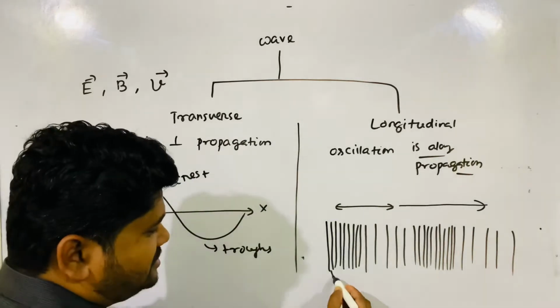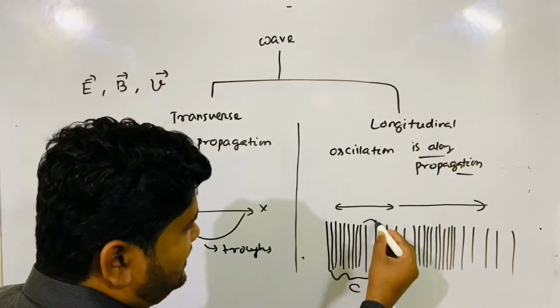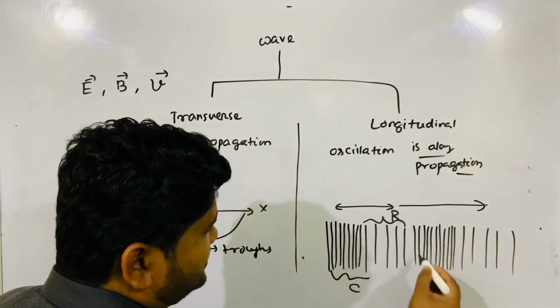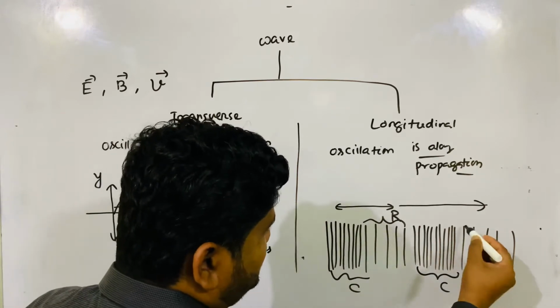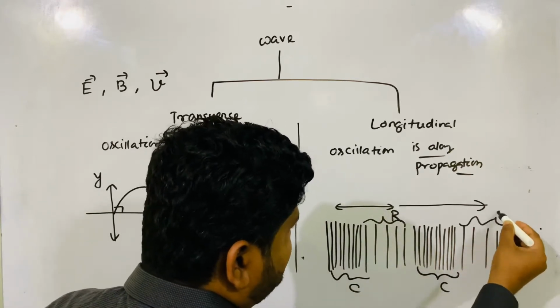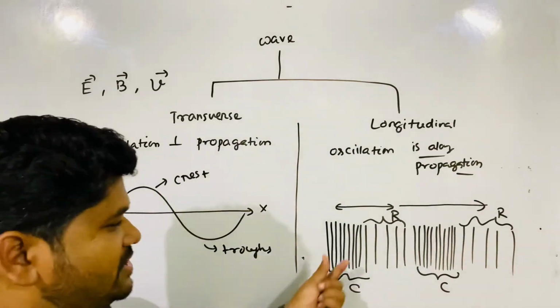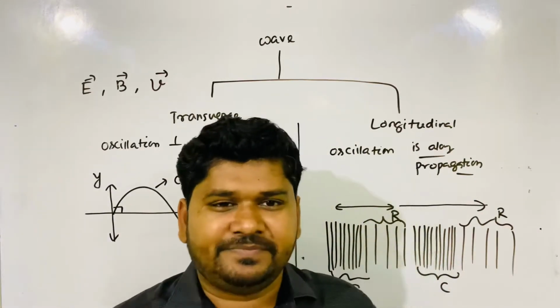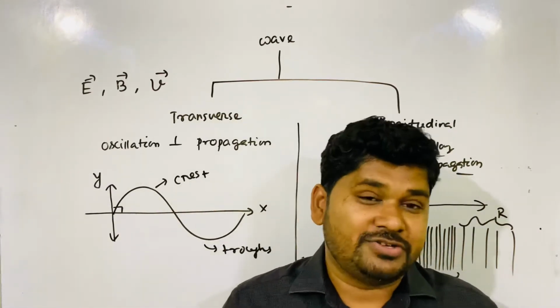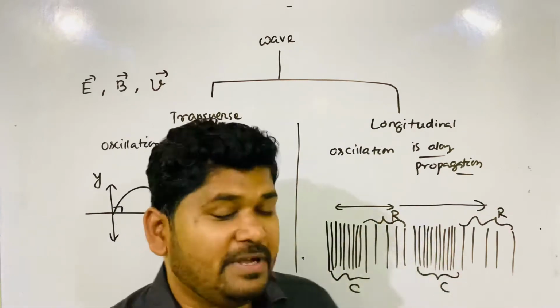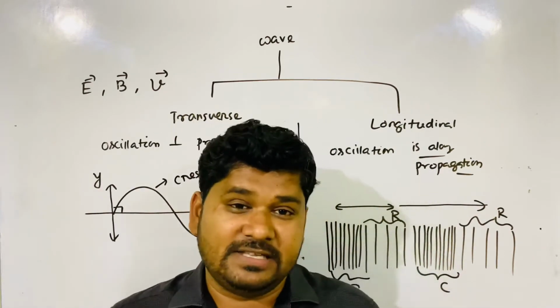So this is the compression region and this is the rarefaction region. Again, this is the compression, this is the rarefaction region.